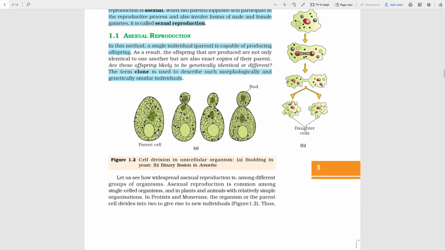Okay, we have another example over here. See, there's binary fission in amoeba, which we saw, and there's budding in yeast. So there is this parent yeast, and then there is an outgrowth, a bud on the parent. See that there is a separation of DNA over here.